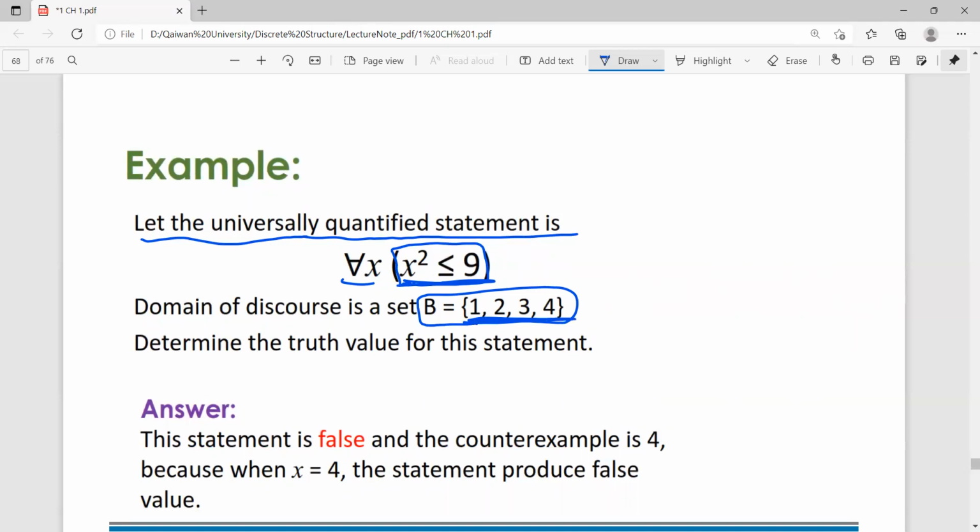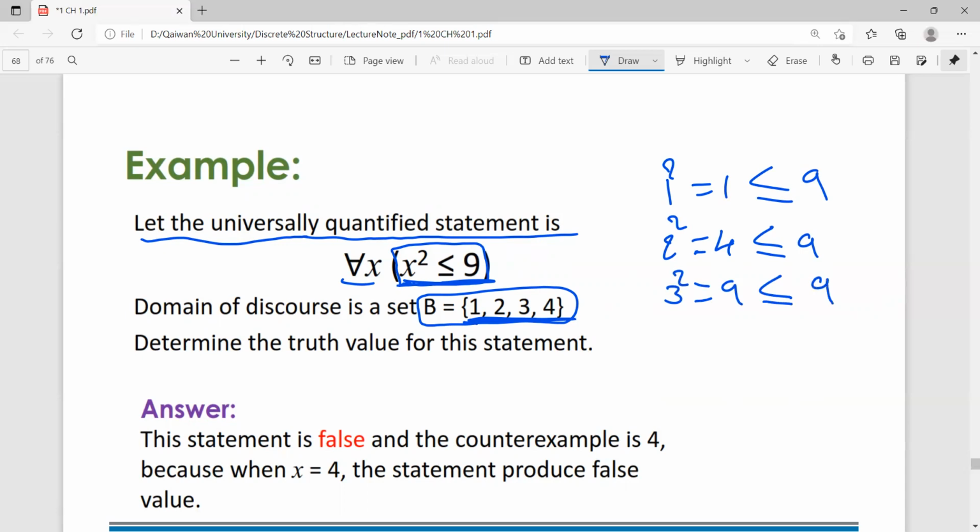For 1, 1 squared is 1, which is less than or equal to 9, of course. 2 squared is 4, which is less than or equal to 9. 3 squared is 9, which is less than or equal to 9. 4 squared is 16. It's not less than or equal to 9. It's greater than 9.